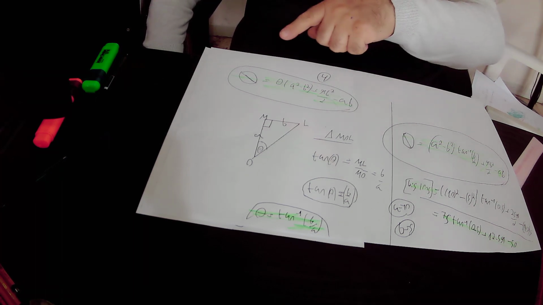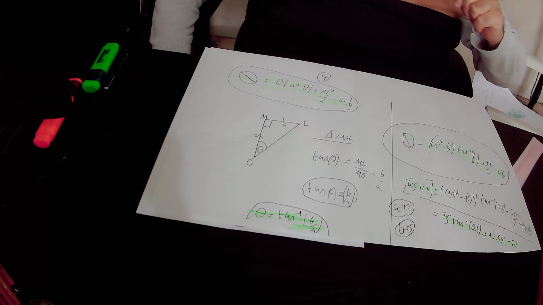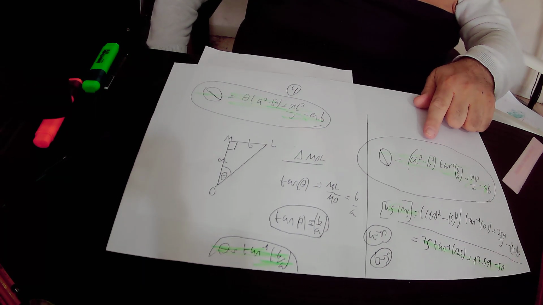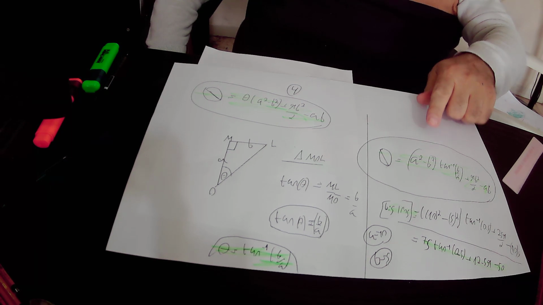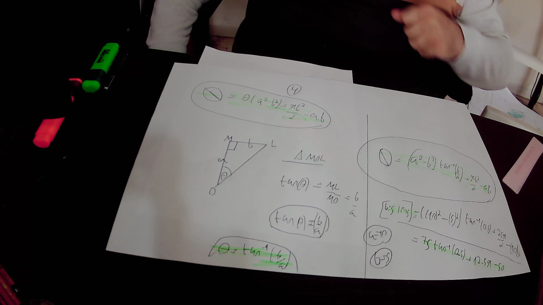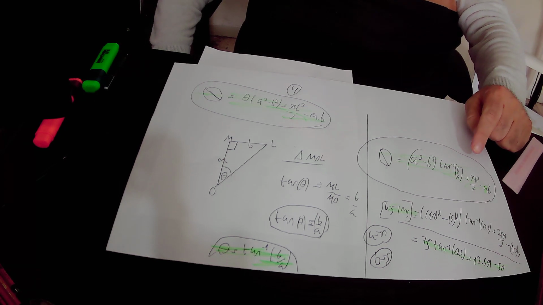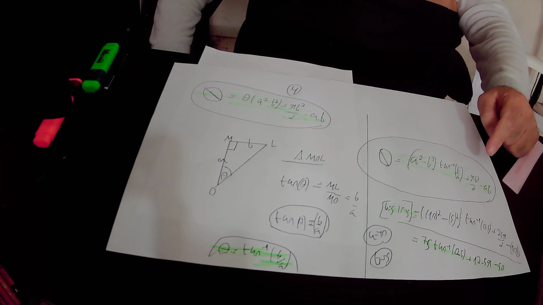Now we can substitute theta by tangent minus 1 of B over A. We did it, and we got that the general formula for the area of any lens is equal to (a² minus b²) times tangent minus 1 of B over A, plus πb²/2 minus AB.